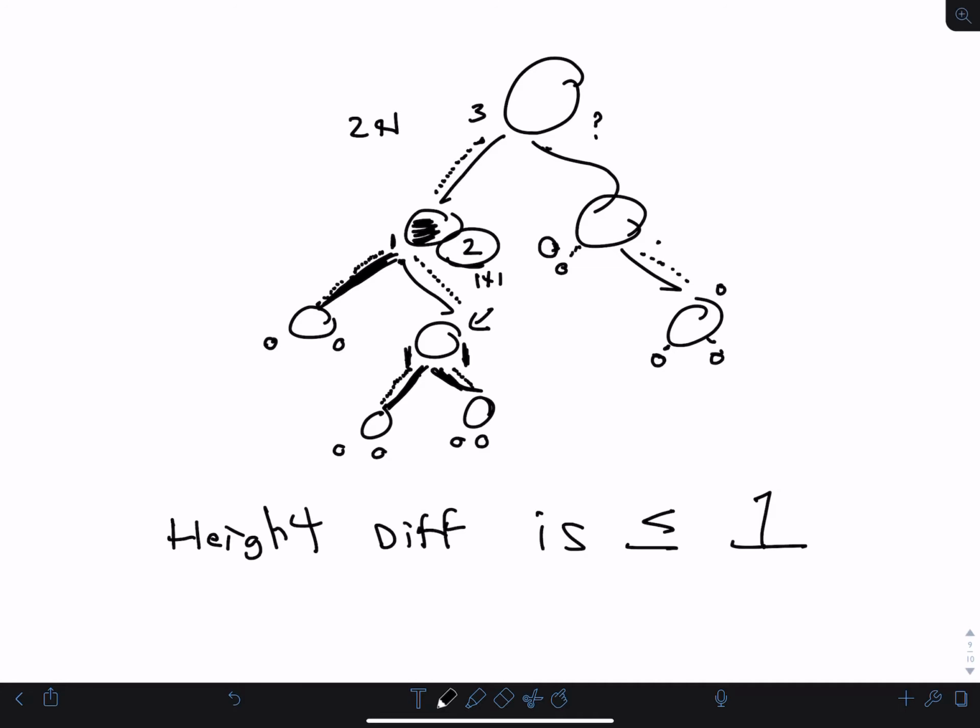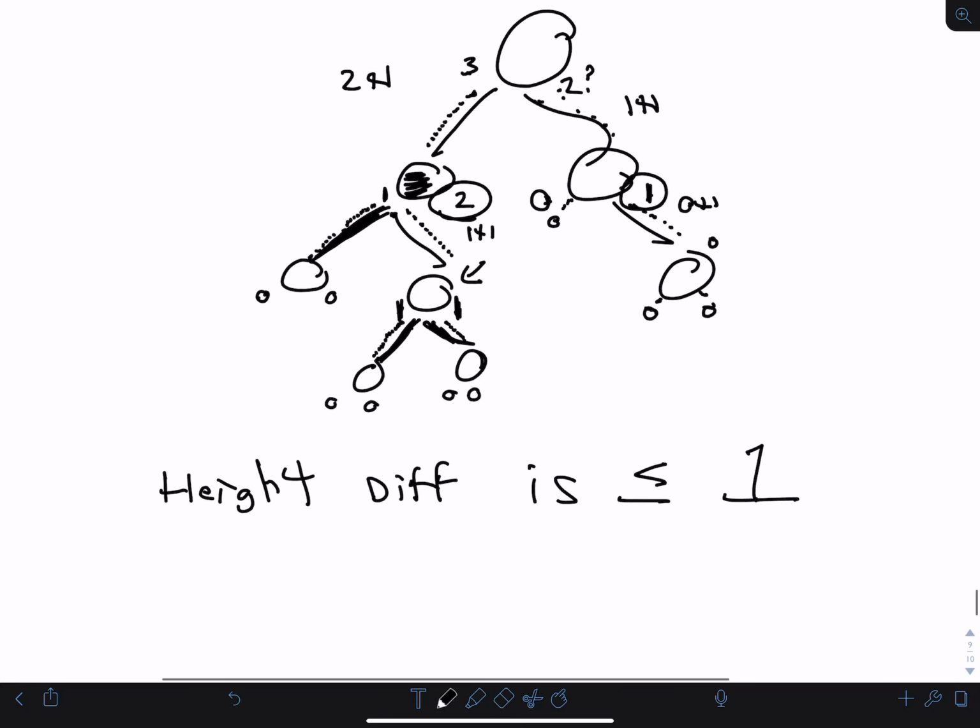We walk up here, that's 0 plus 1, becomes a 1 here. Now we can walk up here by taking the biggest number of the two, which is 1, and doing 1 plus 1. This gets a 2. Now all the nodes have been measured, and it turns out that your root is 3, 2, which is a difference of 1 again. So therefore, we can say that this tree is balanced.